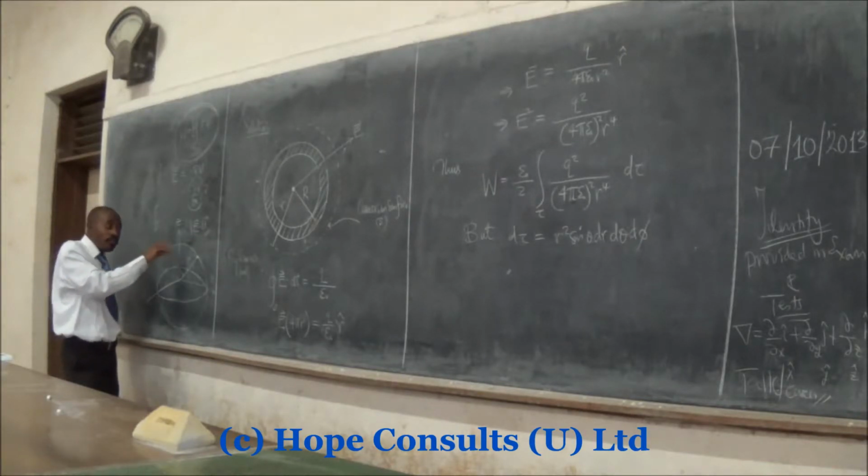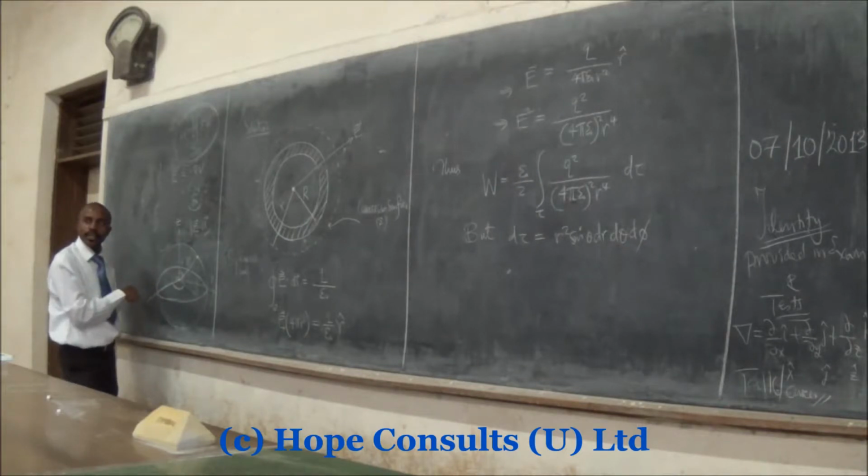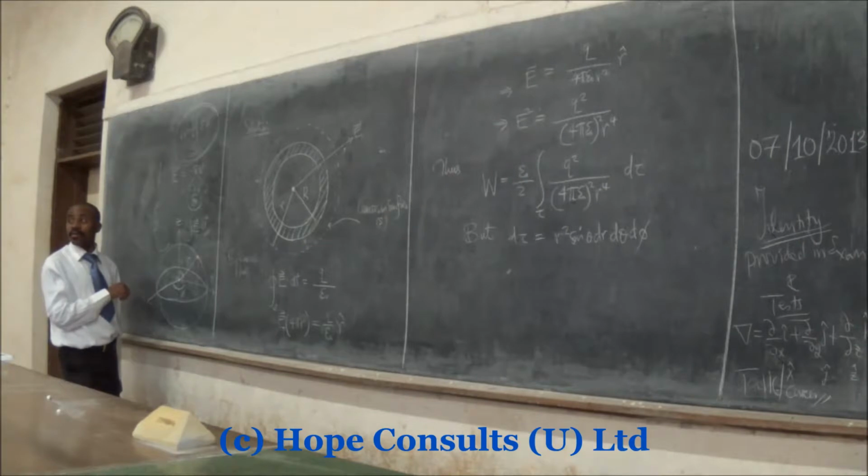And if you chop off this part here, you get an angle which goes around the equatorial plane as our phi.